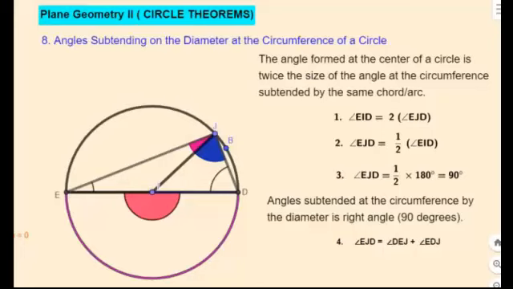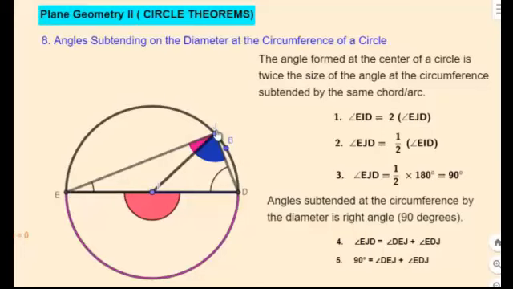And we already know that the angle at the circumference is 90 degrees, which means that when we add the two base angles, they should give us 90 degrees, and that is in point 5. 90 degrees is equal to angle DEJ plus angle EDG.